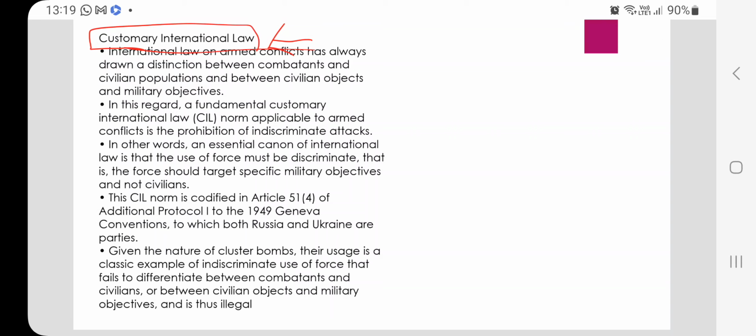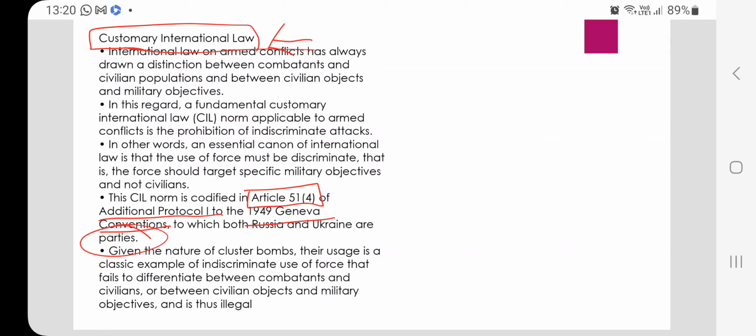The writer is pointing to Article 51, Part 4 of Additional Protocol 1 to the 1949 Geneva Convention, to which both Russia and Ukraine are parties. The Geneva Convention deals with the rules of engagement in war. It deals with war crimes, international conventions, war crimes and human rights violations in conflict.